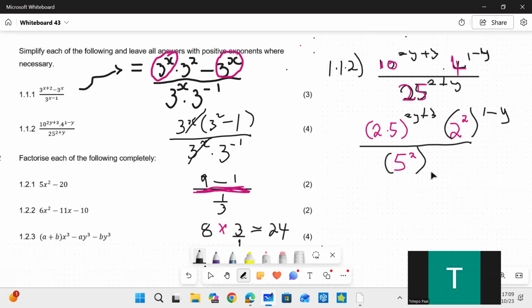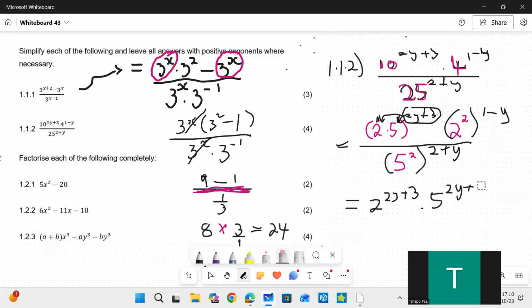The exponent out there is 2 plus y. So moving on, this 2y plus 3 exponent should be multiplied by the 1 there. It will also be multiplied by the 1 of that 5. It's 5 to the exponent 1. So you'll get 2 to the exponent 2y plus 3 times 5 to the exponent 2y plus 3.